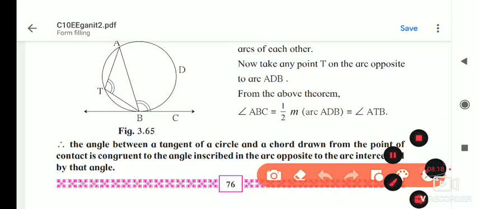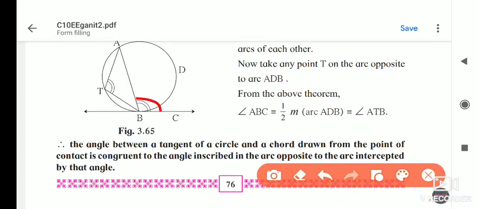The angle between the tangent and chord means this angle ABC. AB is a chord, BC is a tangent. So the angle formed by this chord and tangent is angle ABC. This angle ABC is congruent to the angle inscribed in the arc opposite to the intercepted arc. So this is the angle ATB.